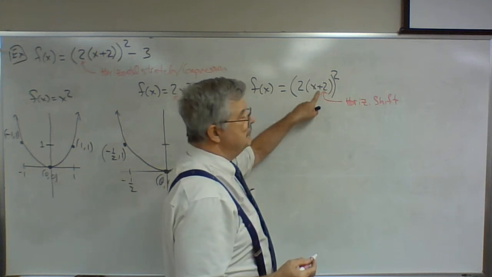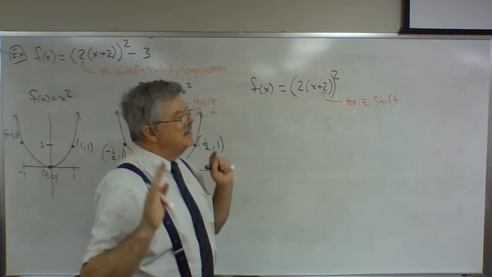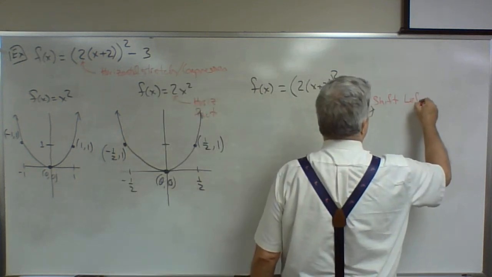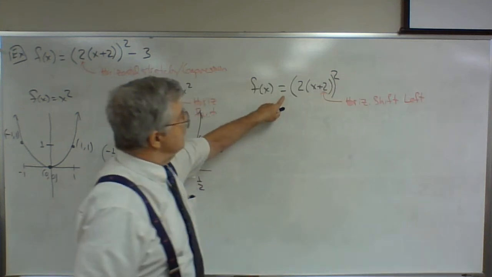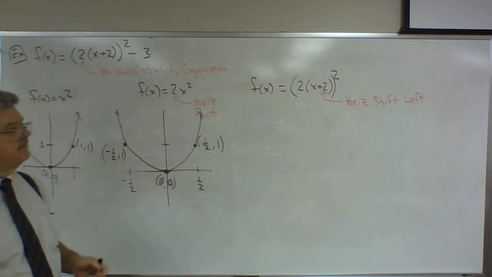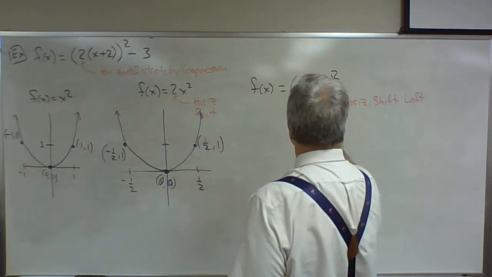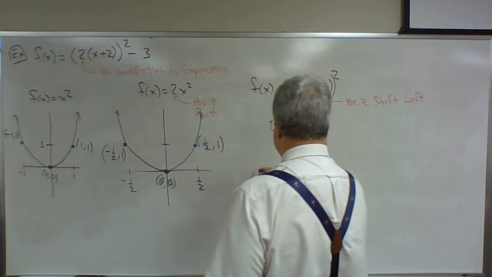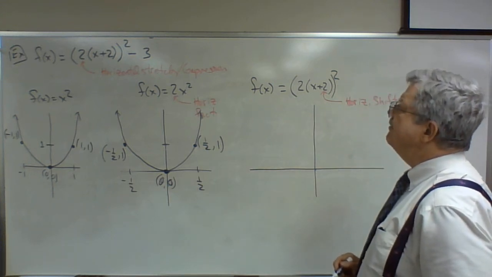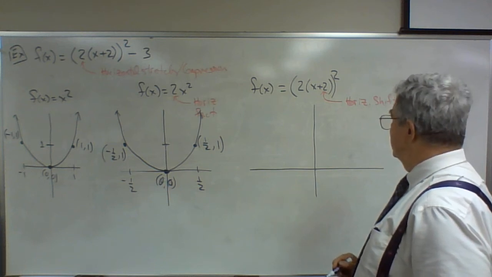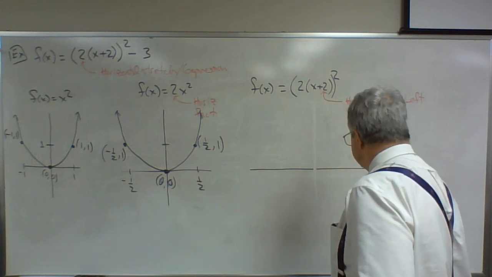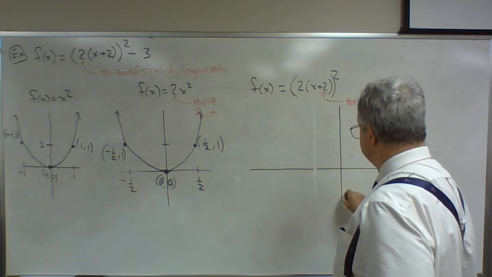And if we have a positive sign here, it's a shift to the left, exactly the opposite of what we think it should be. So to get the graph of this function, we're going to take the graph of this function and move it to the left. And let's see, how far to the left are we going to move it? Holy moly, 2 units. And I think I better put my y-axis over here.